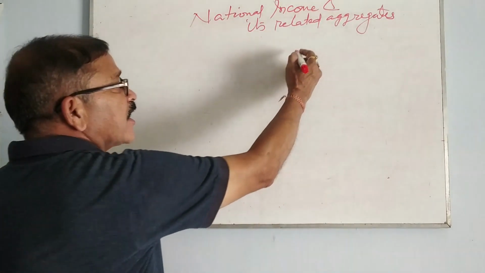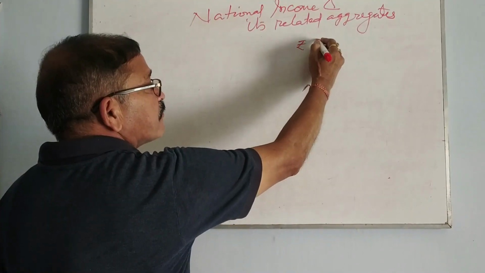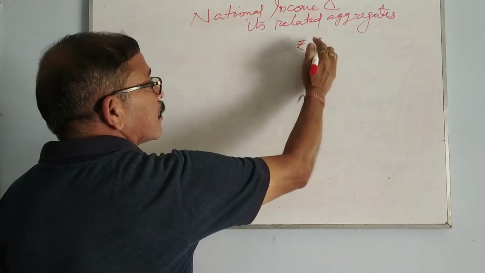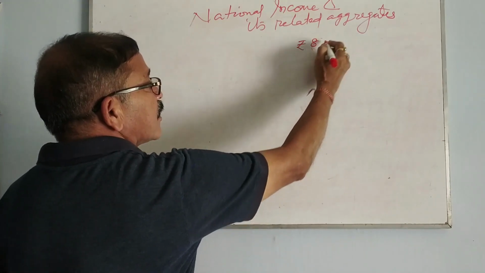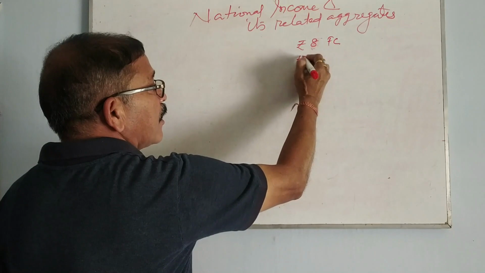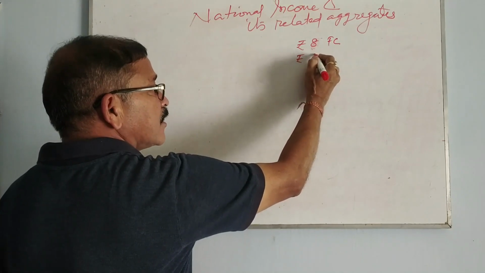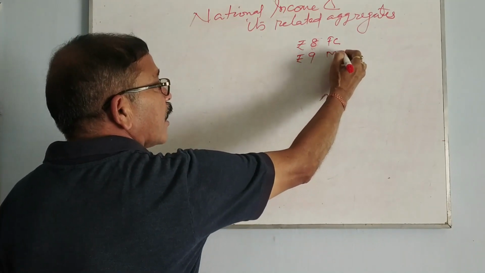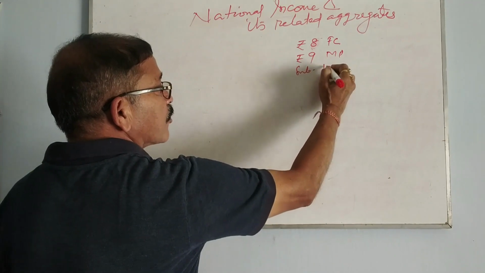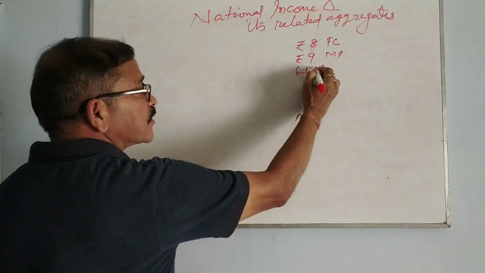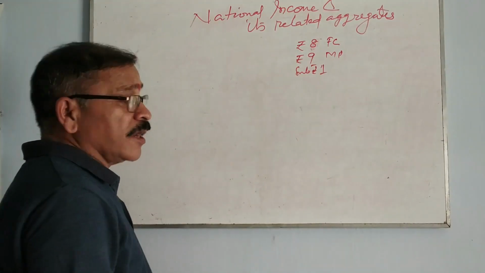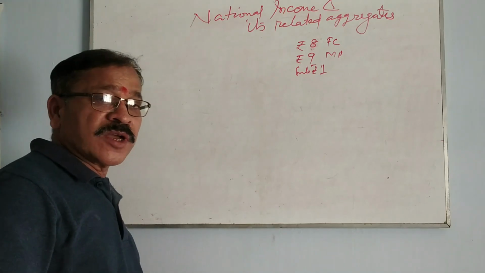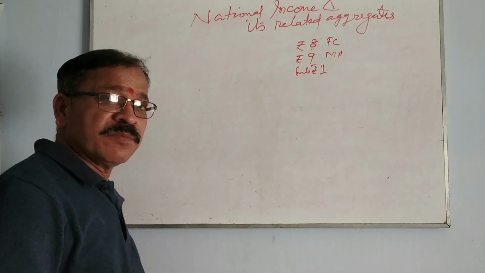So in our case, FC is 8 rupees, right? This is FC, and market price is 9 and subsidy is 1 rupee, right? Subsidy is 1 rupee.